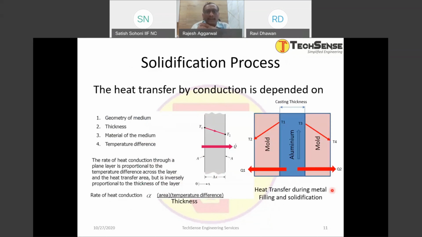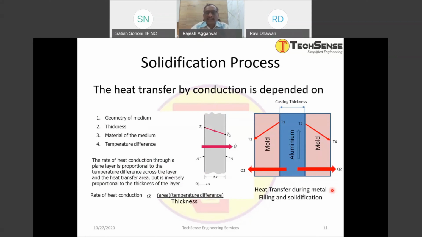Now, if we look at the solidification process, the heat transfer by conduction is dependent on the geometry of the medium, the thickness of the heat transferring medium, the material of the medium, and the temperature difference. The rate of heat conduction through a plane layer is proportional to the temperature difference across the layer and the heat transfer area, but inversely proportional to the thickness of the layer.